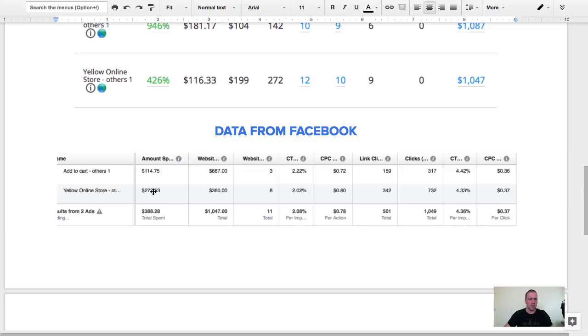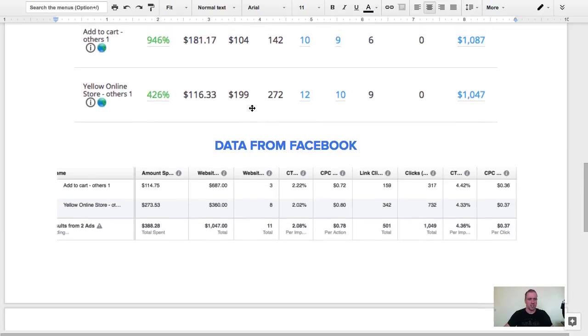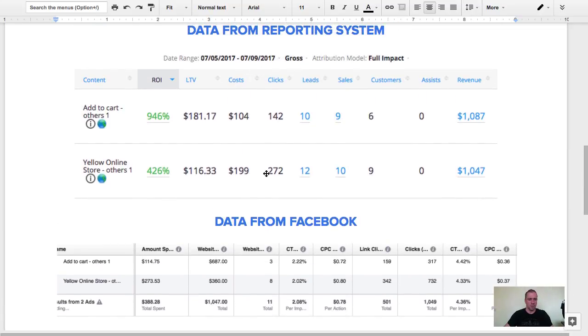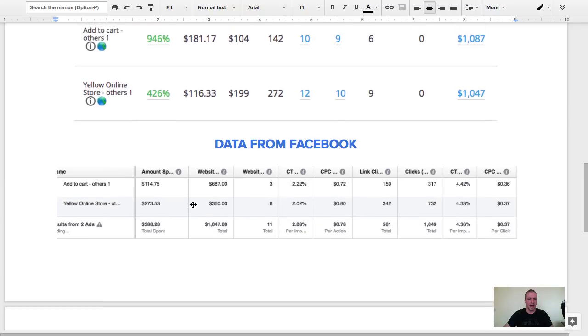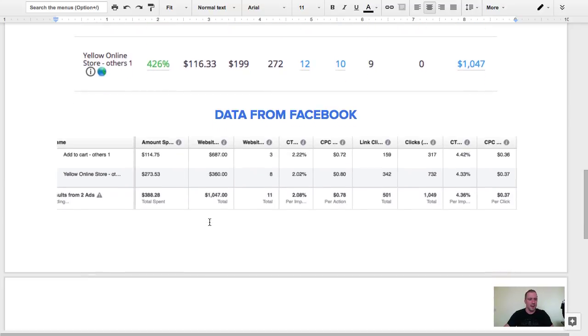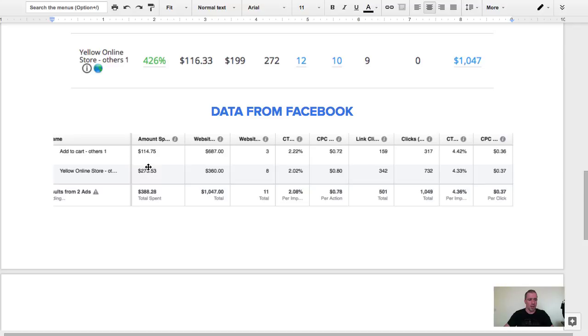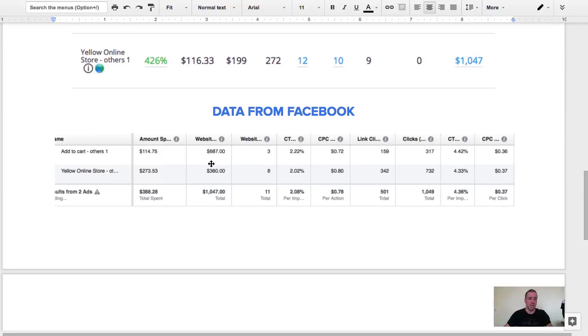As you can see, it's all the same. The amount here is a little bit different because there is a delay in the reporting system, whereas here I have data up to this minute. Again, we have $114.75 spent, which brought in $687 in website purchases registered here.